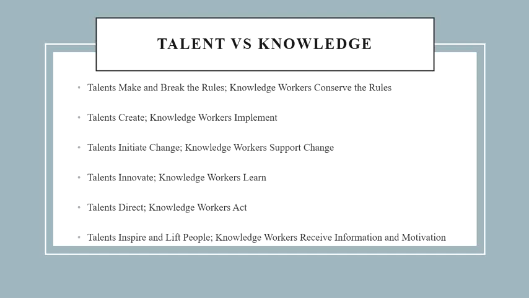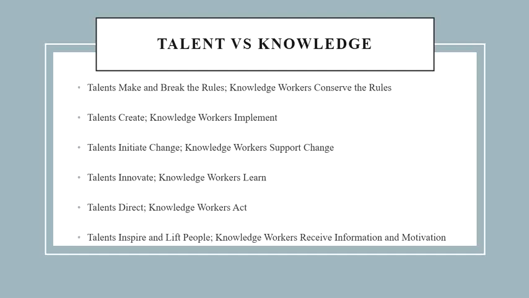We've often talked about somebody having outstanding capability and ability who does not follow rules and regulations. So talents are the ones who think out of the box and break the rules that are assigned and do something new, whereas knowledge workers abide by the rules. They follow the rules and regulations provided.